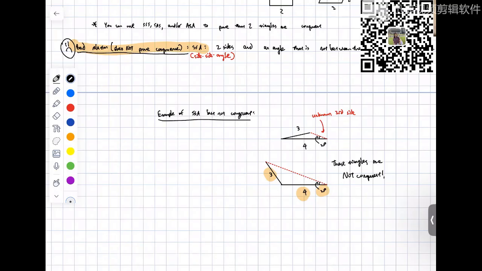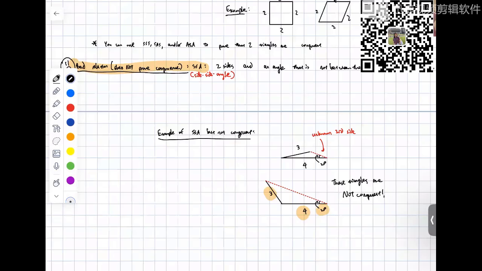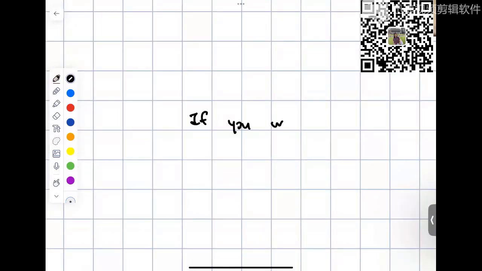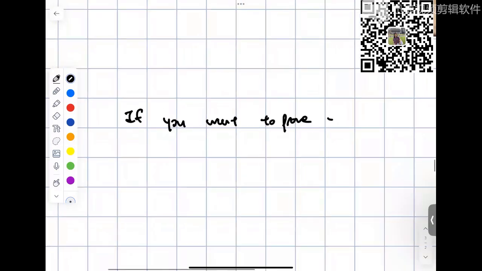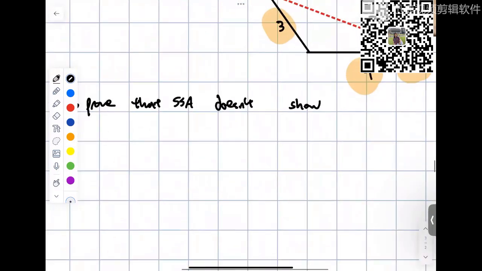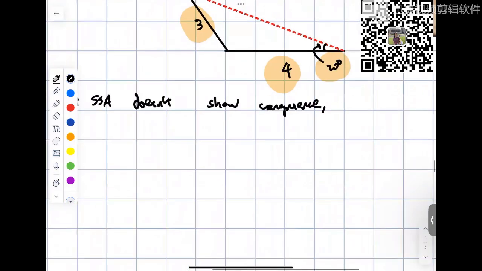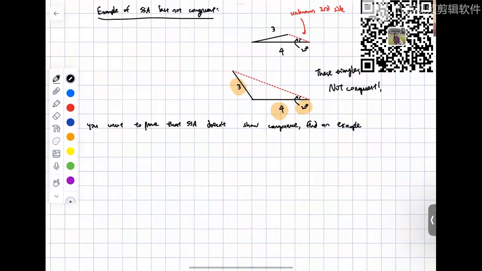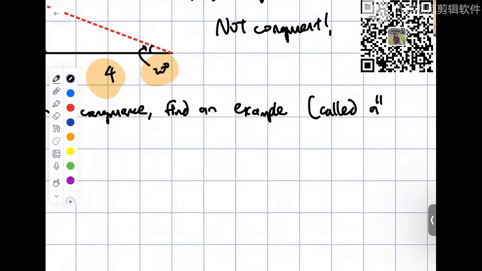Okay, so you can prove that something doesn't work by providing a counterexample, right? Using SSA as an example, if you want to prove that SSA doesn't show congruence, find an example called a counterexample.